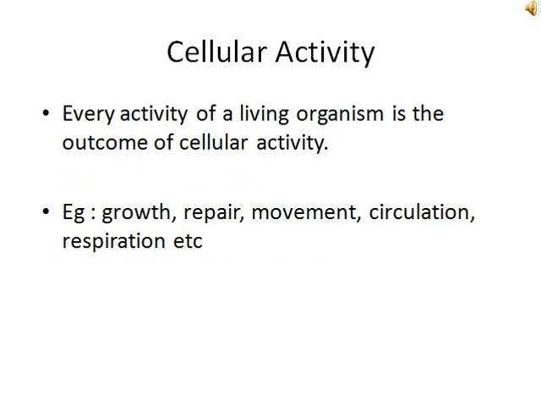There are many life processes taking place in the living body such as growth, repair, movement, circulation, respiration, etc. Growth is the result of increase in the number of the cells. How does the number of cells increase in a living body? By cell division. So it is a result of cellular activity.